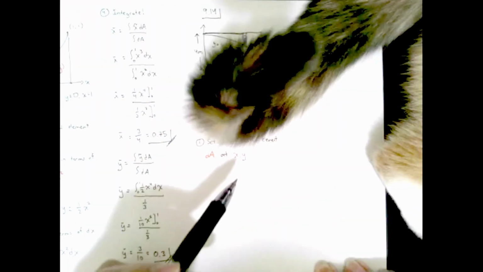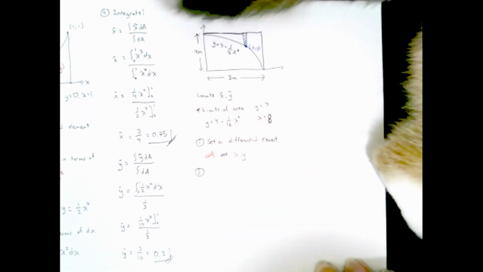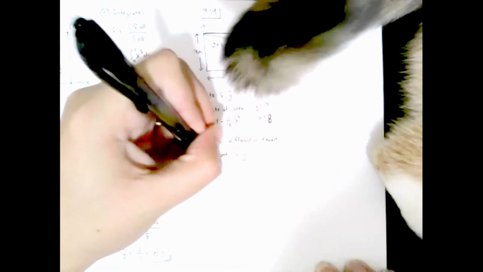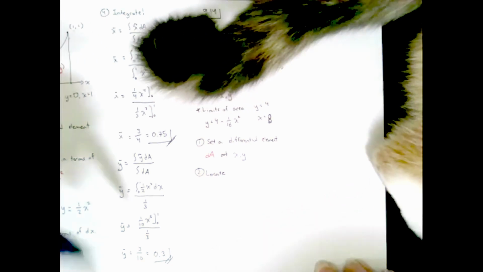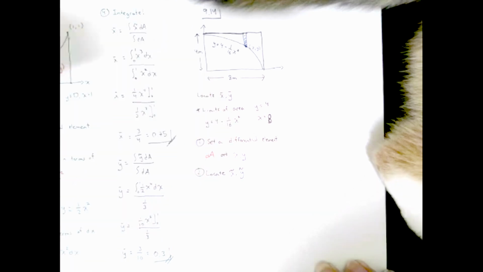So we set our differential element dA located at an arbitrary location x, y. And now the next step is going to be to locate x squiggly and y squiggly. So locate the centroid of this element, which we know we call x squiggly and y squiggly.